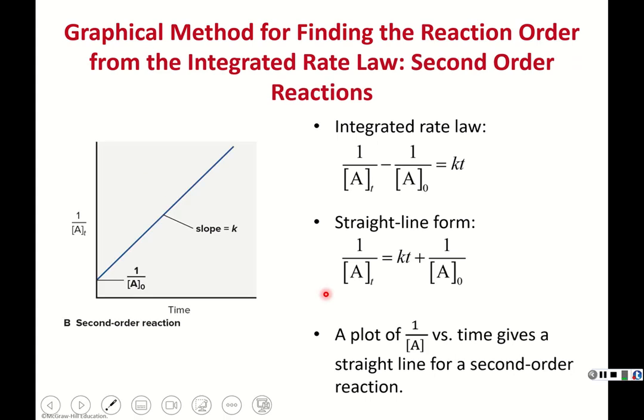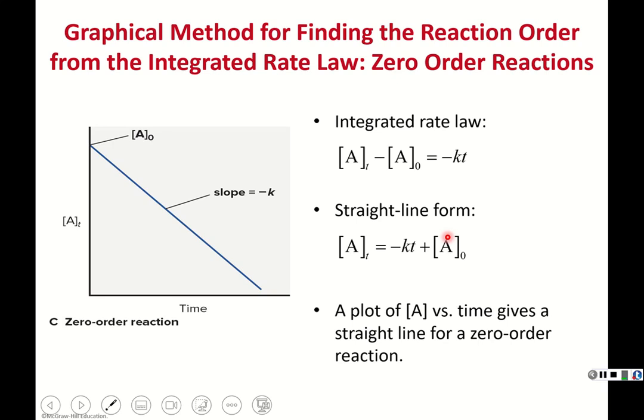If we looked at a second order reaction, what we'd have to do is plot 1 over At versus time. And then the same thing is true. We could take our integrated rate law for a second order reaction and convert it into a straight line form, y equals mx plus b.